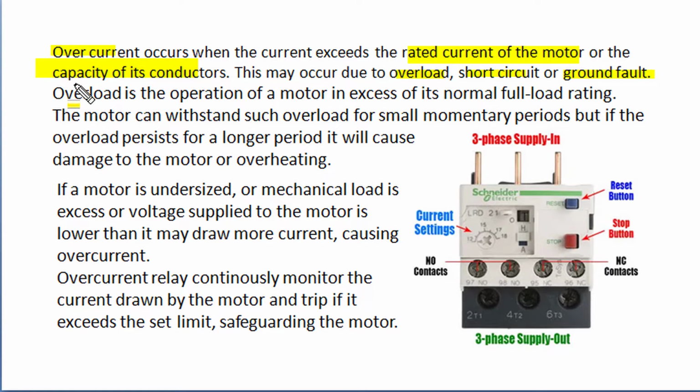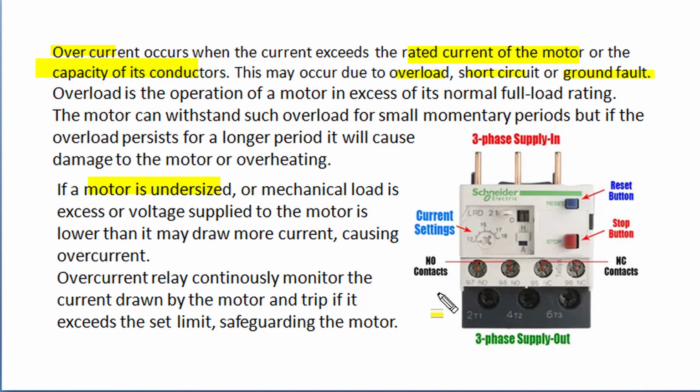Such overloads will take place if the motor is undersized, the mechanical load on the motor is excessive, or the motor is supplied from a source which provides lower voltage than the rating specification of the motor. So in an under voltage condition, the motor draws extra current and that causes heating in the winding by increased copper losses.